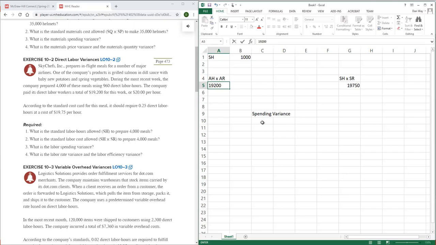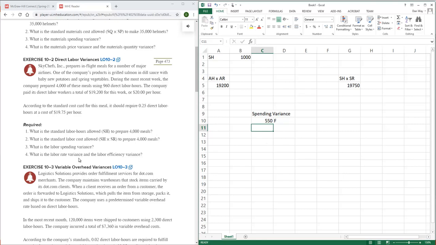So our overall spending variance is going to be the $19,750 from what amounts to our flex budget minus the $19,200 from our actual result. And here the actual result is less than that flex, what it should have been, so we'd say that's a favorable spending variance.